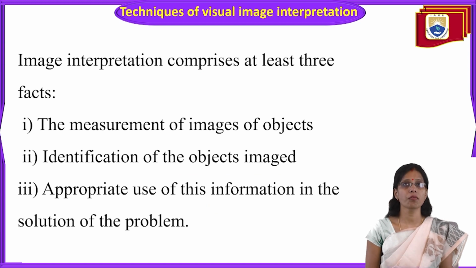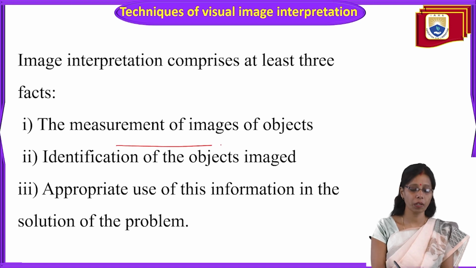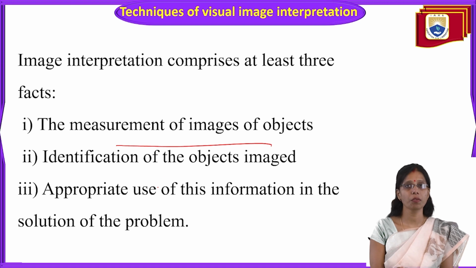Now, techniques of visual image interpretation. Image interpretation comprises at least three facets. What are the three facets? First, the measurement of images of objects, which means what the different types of images present in the satellite imagery are. Second, identification of objects imaged, so how do we identify the objects which are imaged.